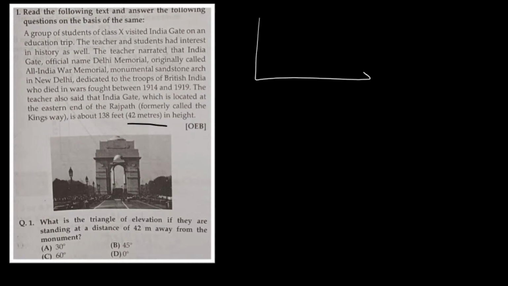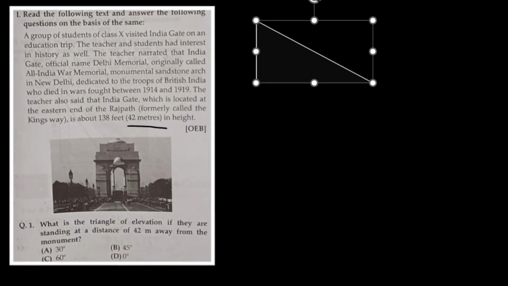In this right angle triangle, its height is given to us as 42 meters. Okay, so let's see the questions now. Other than that, nothing is of use in this one.